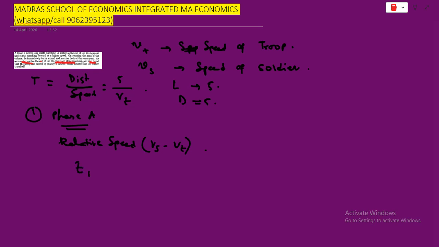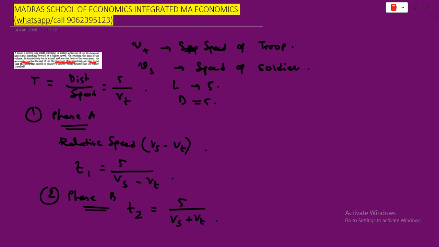So T1 is 5 by Vs minus Vt. Now the second, phase B. He is running towards the back and the back is moving toward him. Teamwork. So the relative speed is Vs plus Vt. So T2 will be 5 by Vs plus Vt.